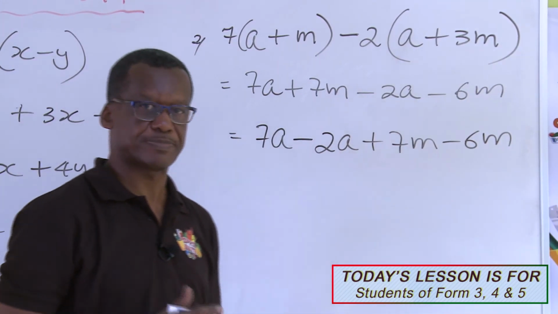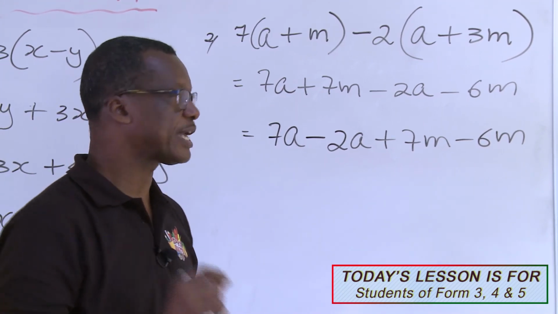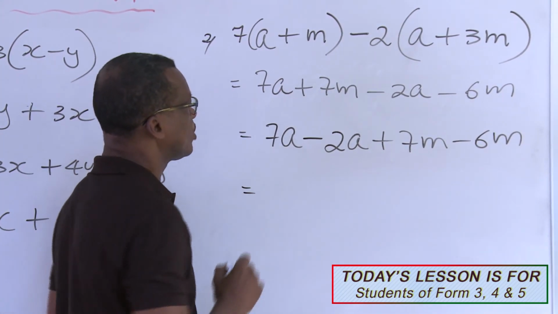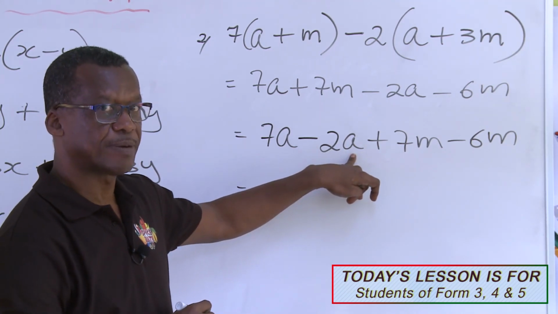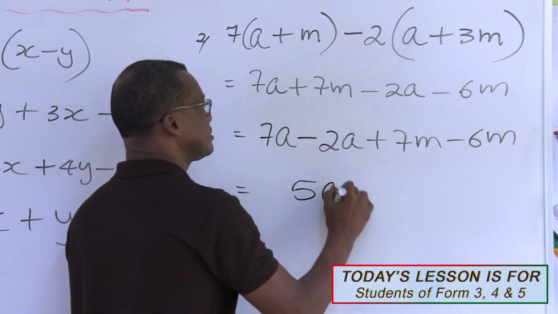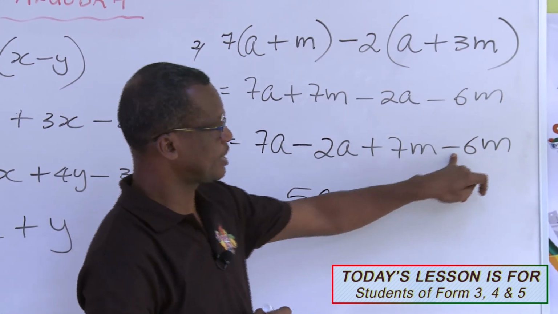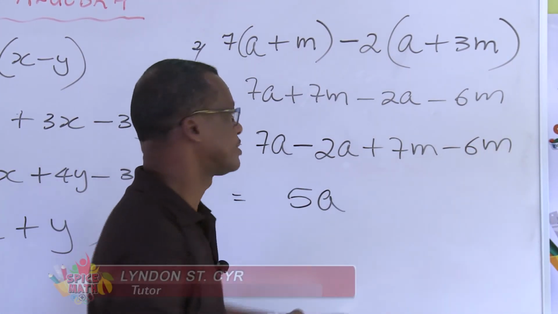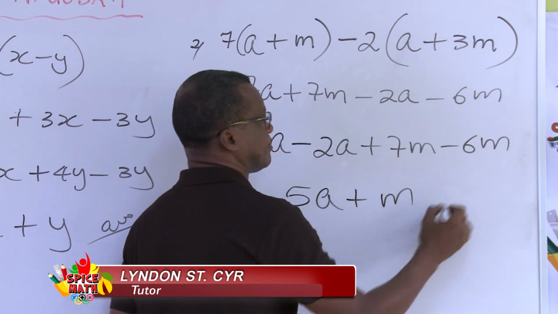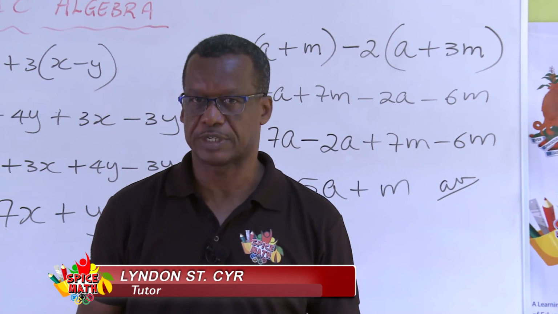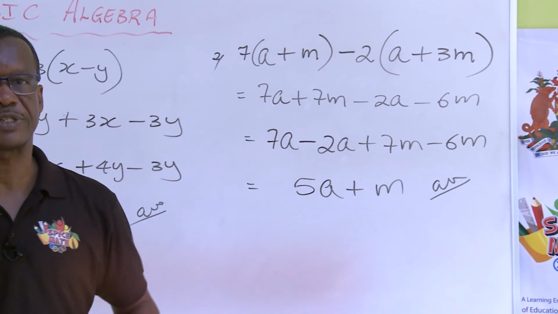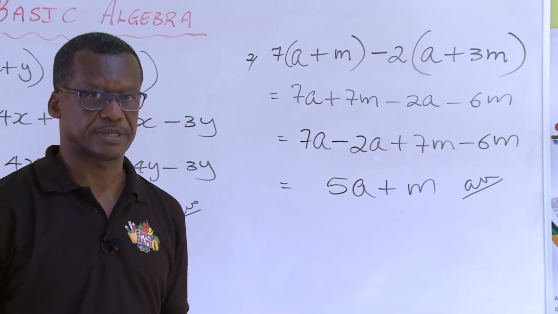We always keep the signs that the terms have. Now we can simplify. 7a take away 2a would give how much? 5a. And 7m take away 6m gives plus 1m. Answer. So that would be the answers to your questions that you practice with.